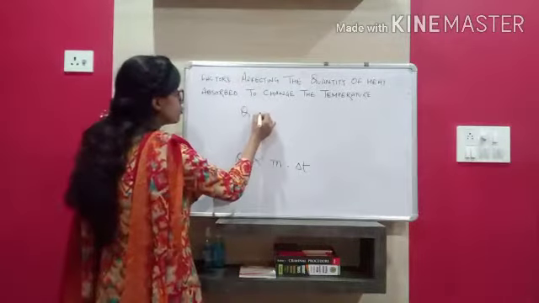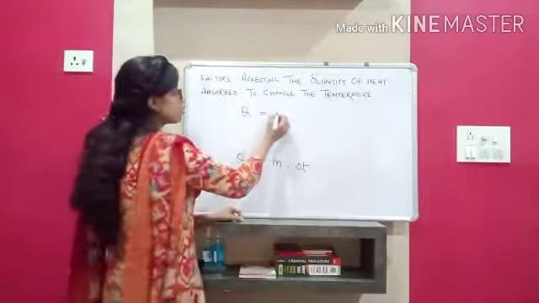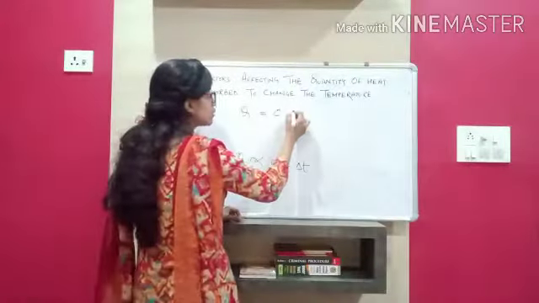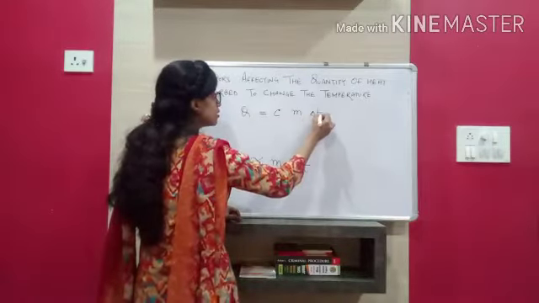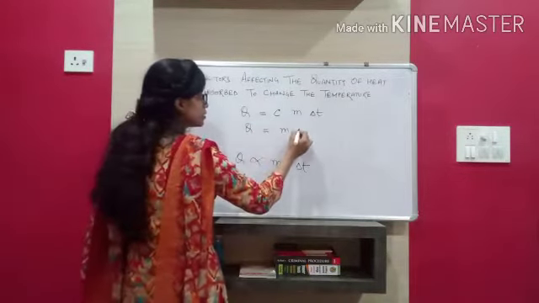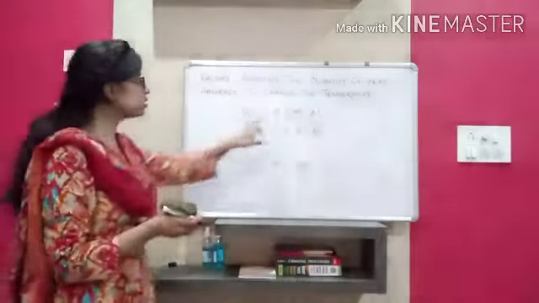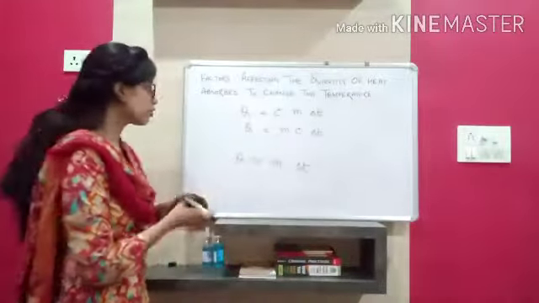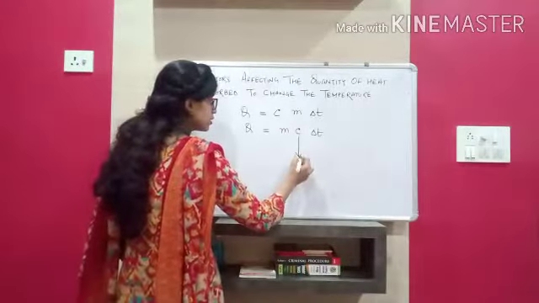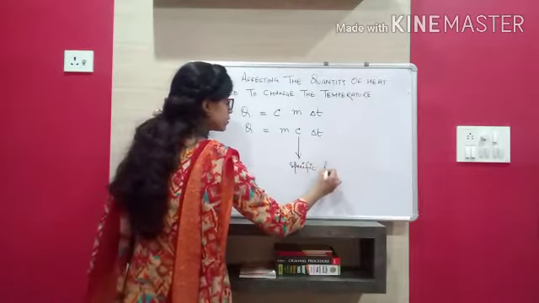So here I am replacing the proportional sign with the equal sign and using a constant, small c, with m and delta T. So it is Q equals m c delta T, where small c is the constant, and the name of this constant is specific heat.